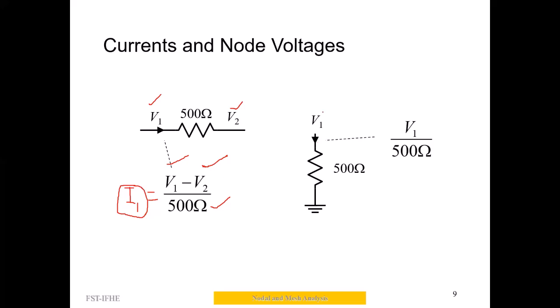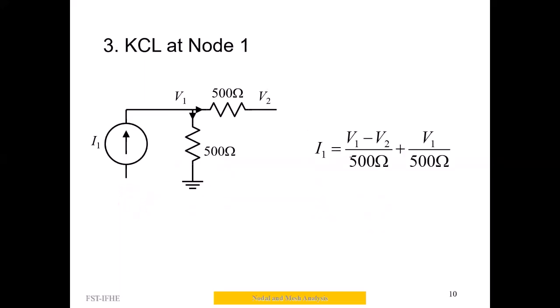Similarly, this is at V1 potential and this is at ground potential. So how can we express the current flowing through this? It is nothing but the current flowing from V1 to 0 volts potential divided by its resistance. So let us write a KCL for node 1 in the previous problem. The incoming current is I1.